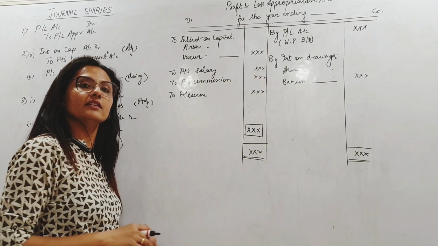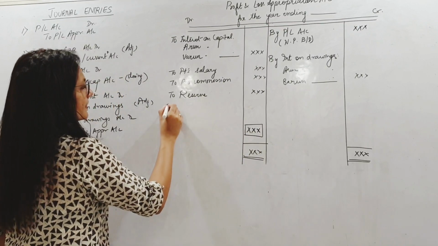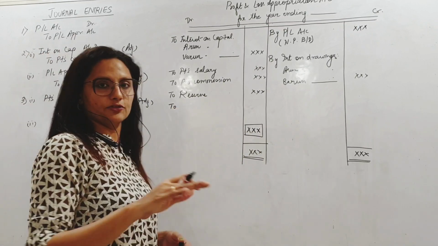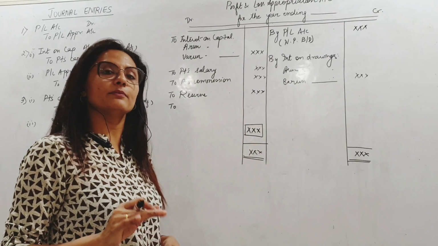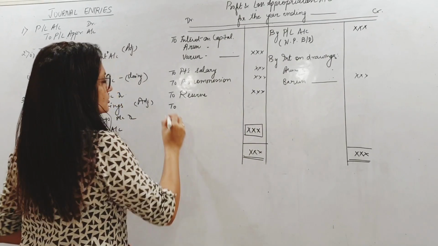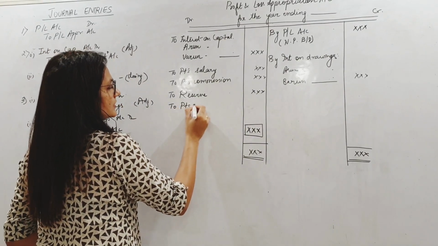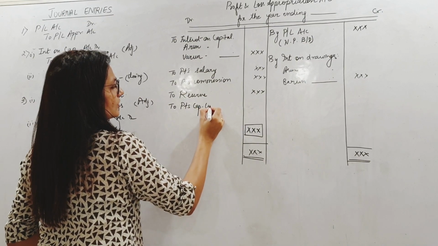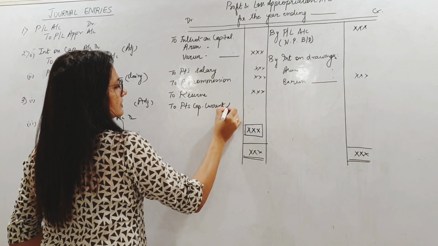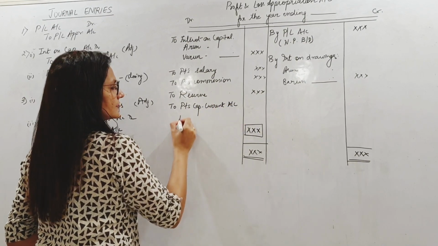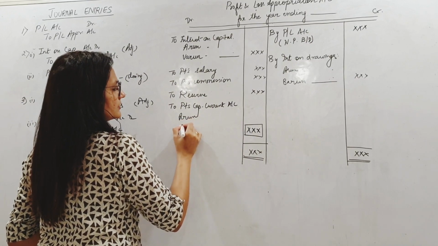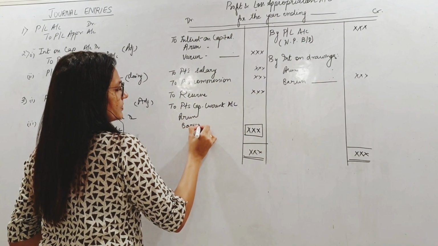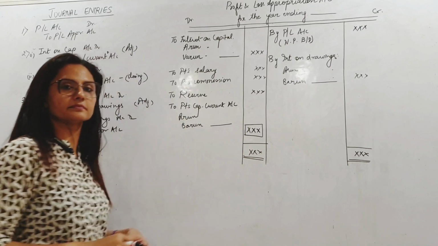This is called the divisible profit. This will be given or distributed among the partners in the profit sharing ratio. So this should be going to partners' capital or current account, respectively to each partner individually.